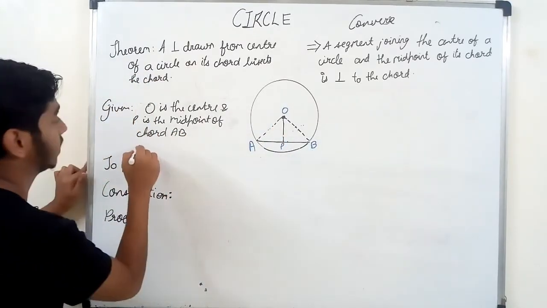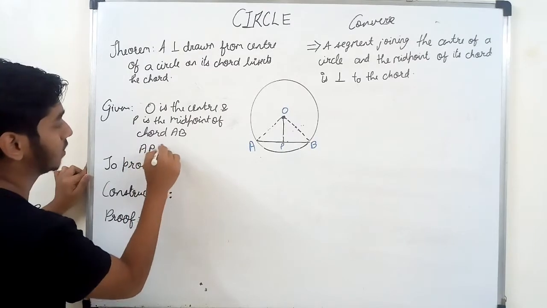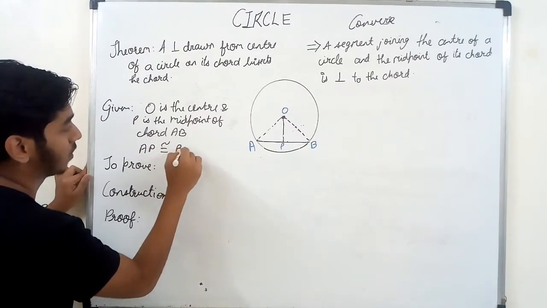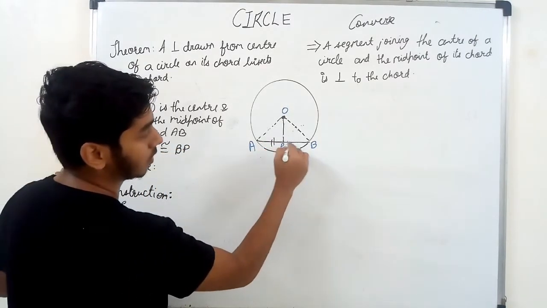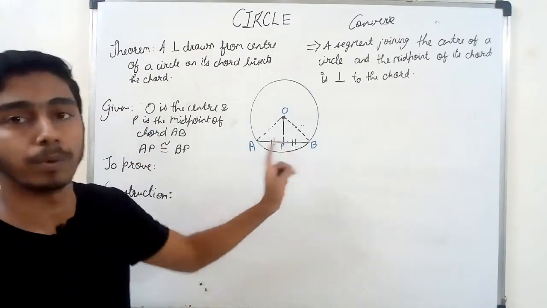That means we can say that AP is congruent to BP. So this and this, they both are congruent.